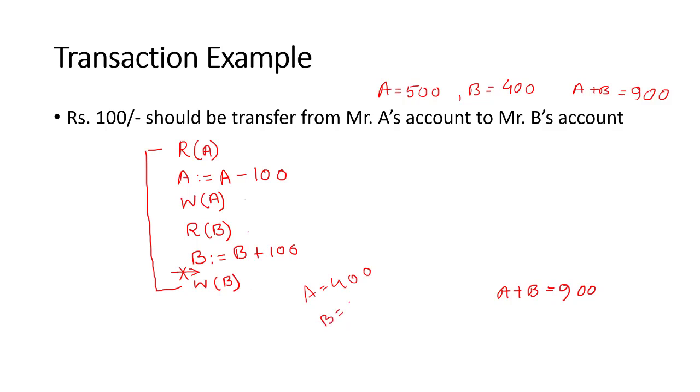Then, if there is no durability, the bank may say that no, we do not know about this transaction because our system has failed, and in A's account there is 500 and in B's account there is 100. That situation shouldn't be there. We need to ensure the durability, meaning the changes made by the transaction should persist or should be permanent.